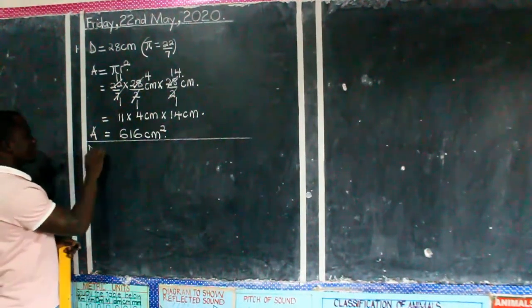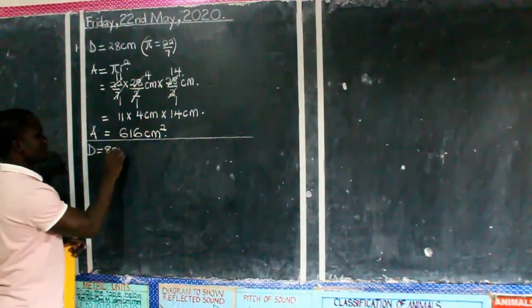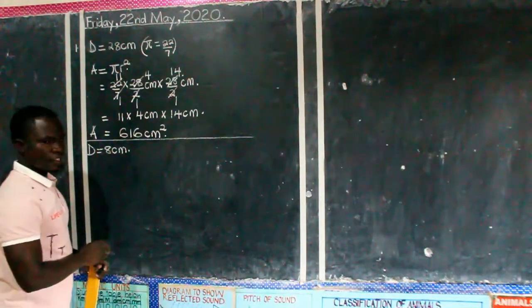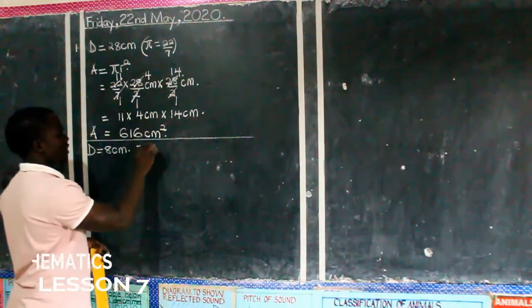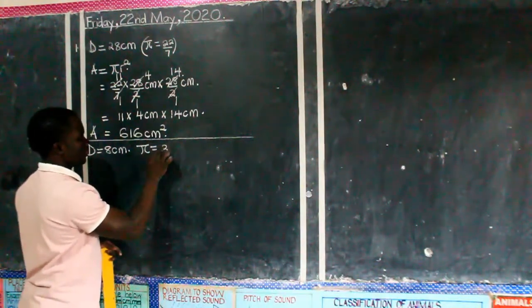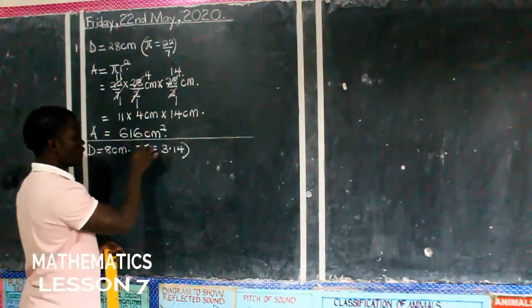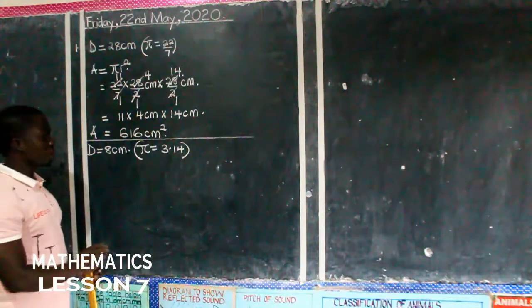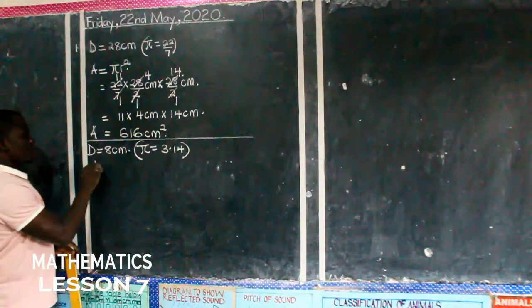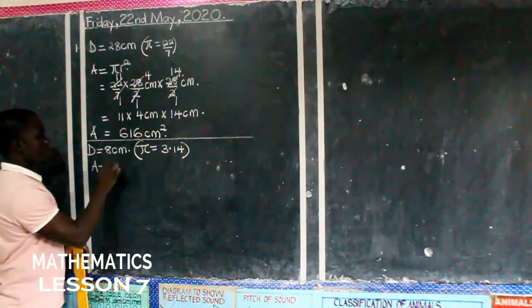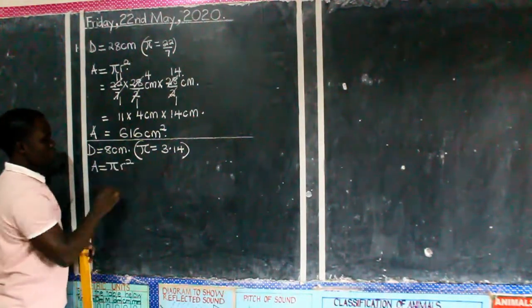that which had a diameter of 8 centimeters. And the question was asking for area. But the pi for this one, the pi given was 3.14. And the question was asking for the area where this diameter is given. So area equals pi r squared.